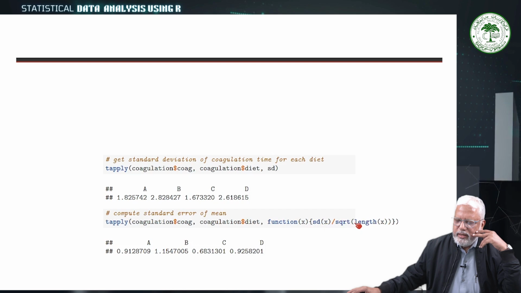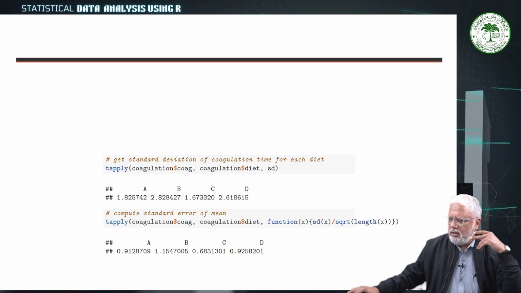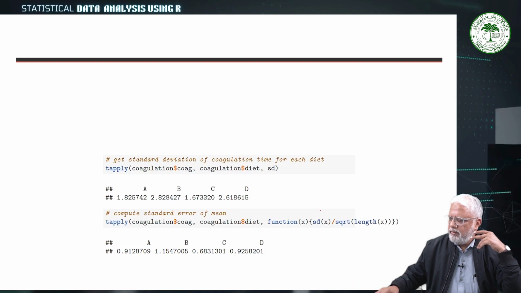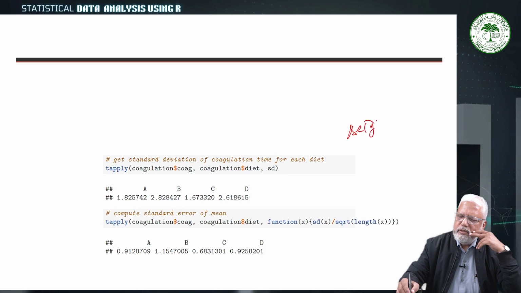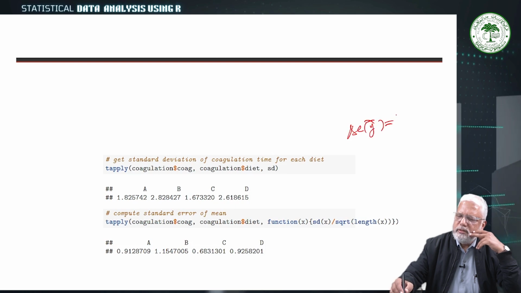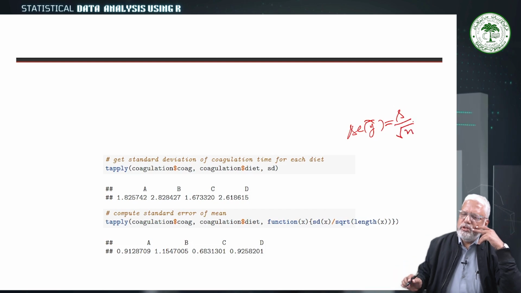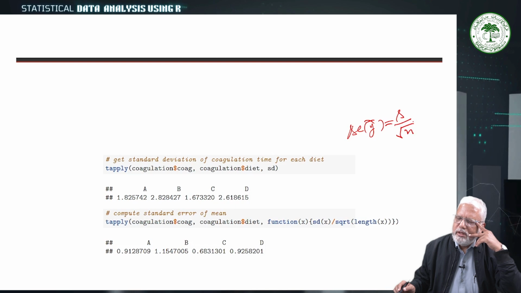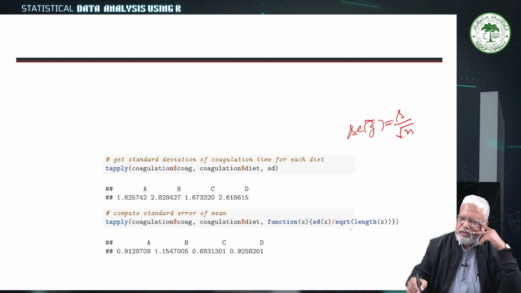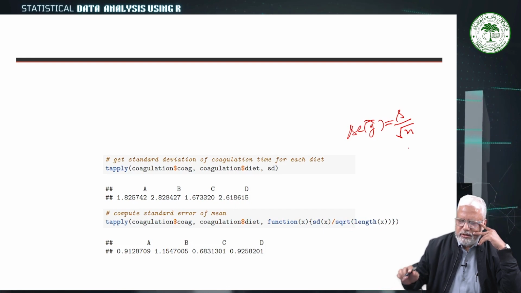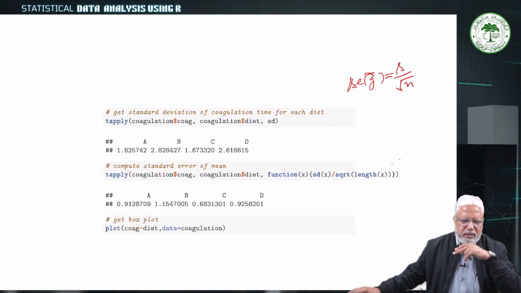This is nothing but the standard error of the mean. The standard error of the mean is defined as S divided by the square root of n. This expression has been implemented here, sd of x divided by the square root of length of x, so for each group we are computing the standard error of the mean.